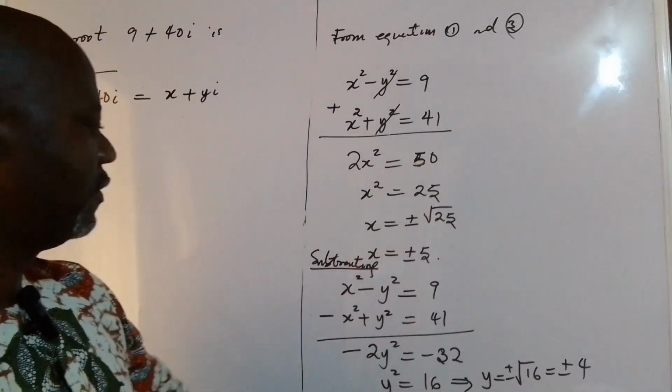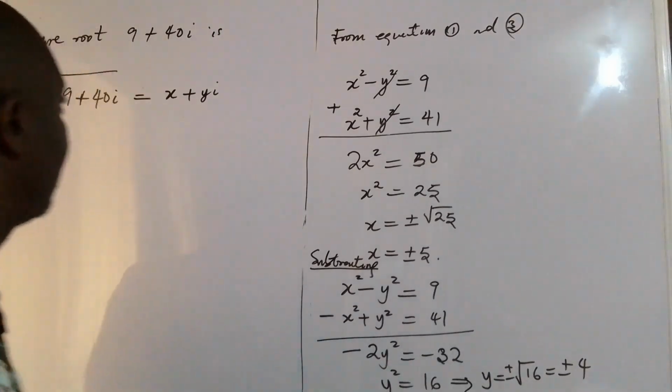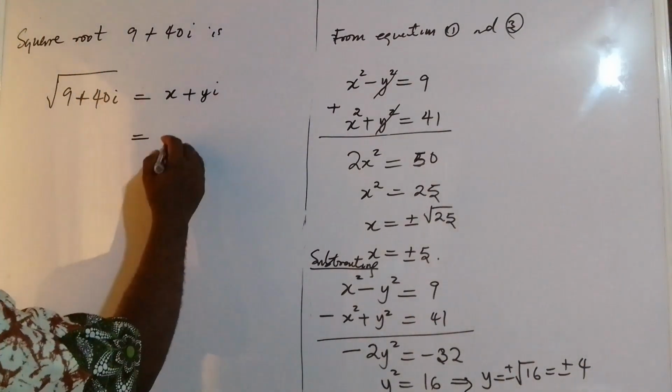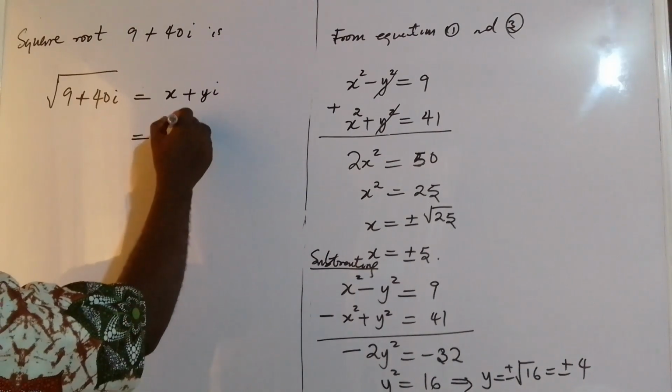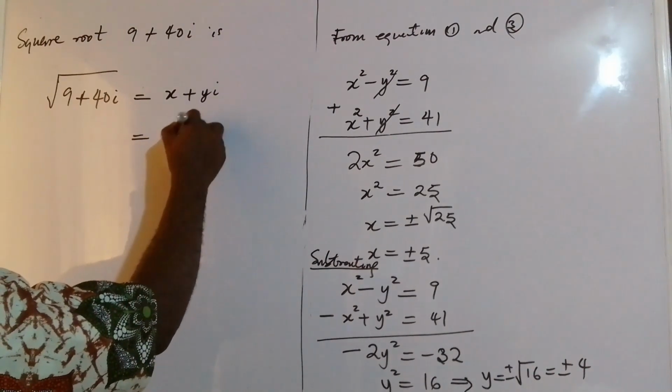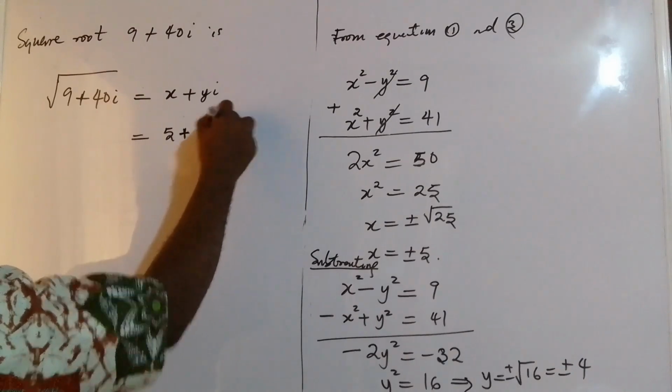If x is positive, y is positive, so the solution will become 5 plus 4i.